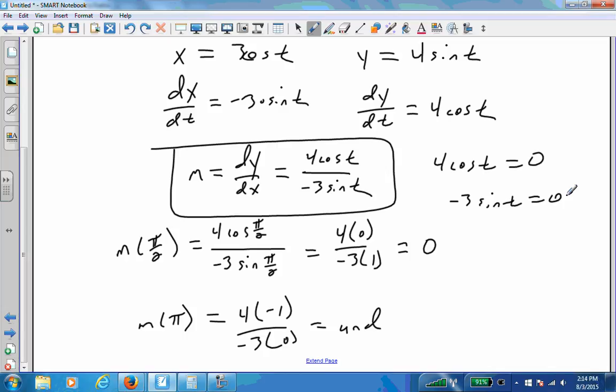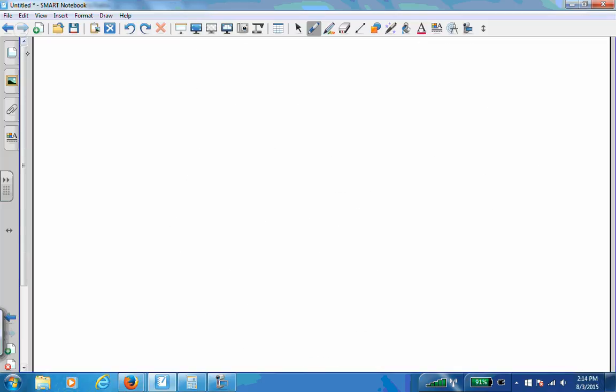Now, that's not so bad for our first derivative. Let's look at the second derivative. If we want our first derivative, that's dy dt over dx dt.